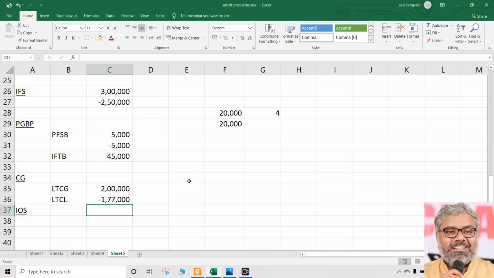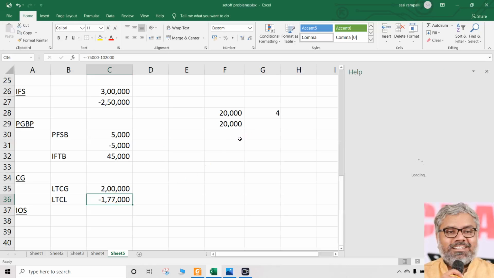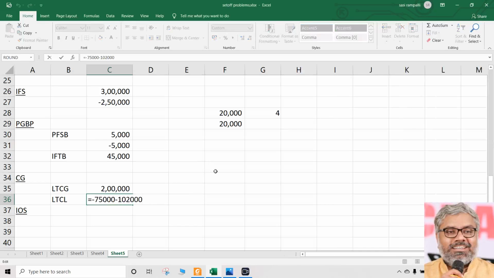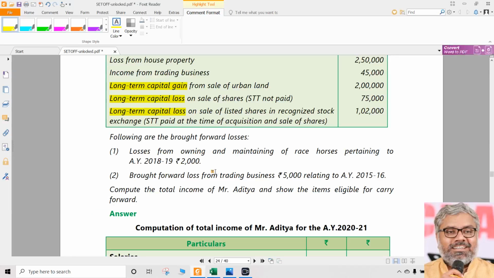Then we have losses arising. So both of them we have taken. Long-term capital loss included 75,000 as well as 1,02,000. Both are included there.